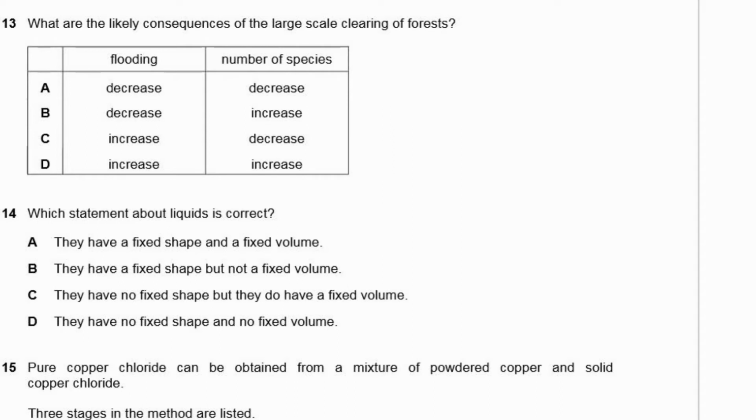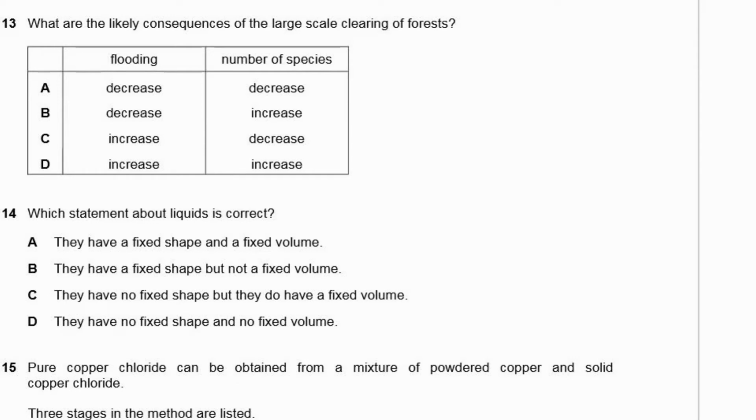Question 13. What are the likely consequences of large-scale clearing of forests? Well, clearing of forests is not a good thing on the large scale. Trees obviously have deep roots, and those deep roots can move water from pooling on the surface, and they are homes to lots and lots of animals, and the forests do lots of things. We all know that.